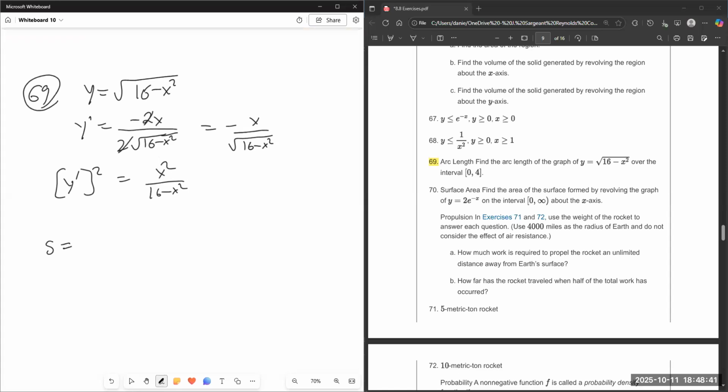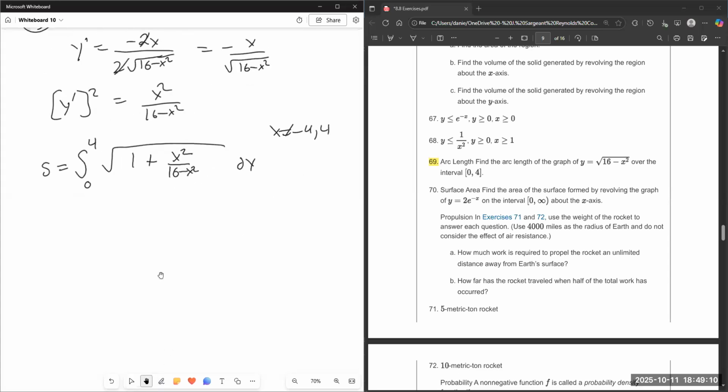My arc length formula is 0 to 4 of the square root of 1 plus y prime squared. Now the problem here is that x cannot be equal to negative 4 or 4, because of the 16 minus x squared in the denominator.